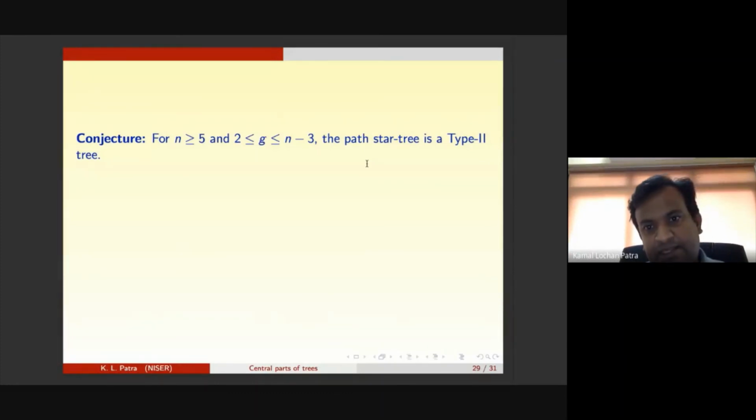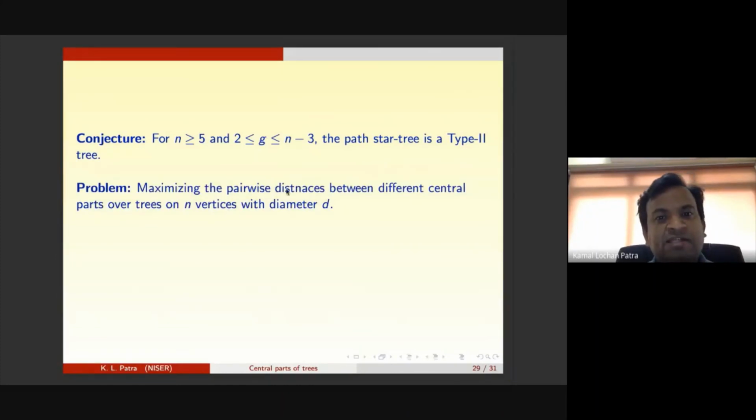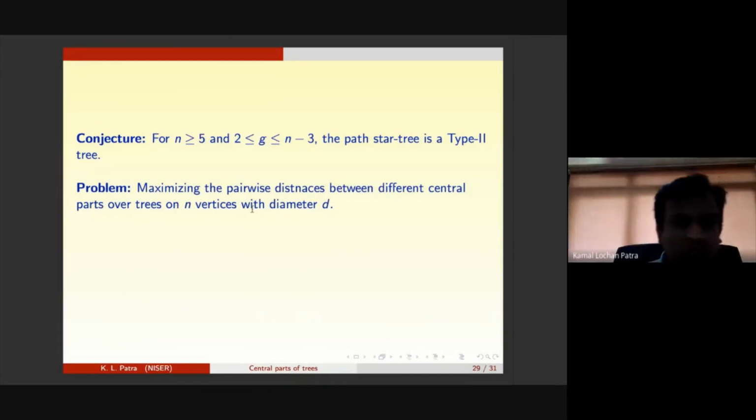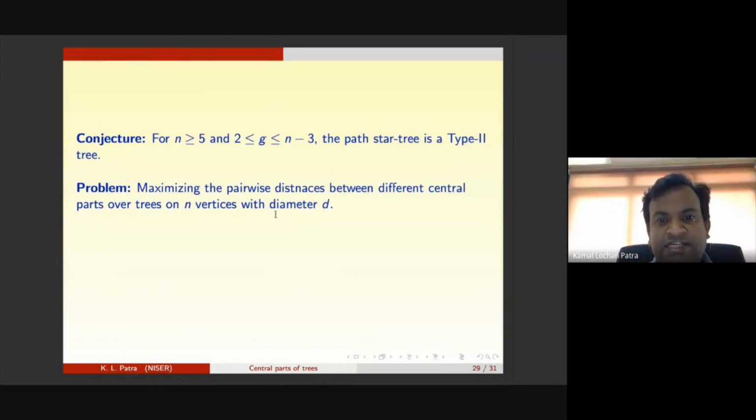In one paper published in the Electronic Journal of Combinatorics by Shikli and co., they extended the study to considering the set of all trees on n vertices with fixed diameter. Can we extremize these distances? That is, maximizing the pair of distances between different central parts of trees on n vertices with diameter d.